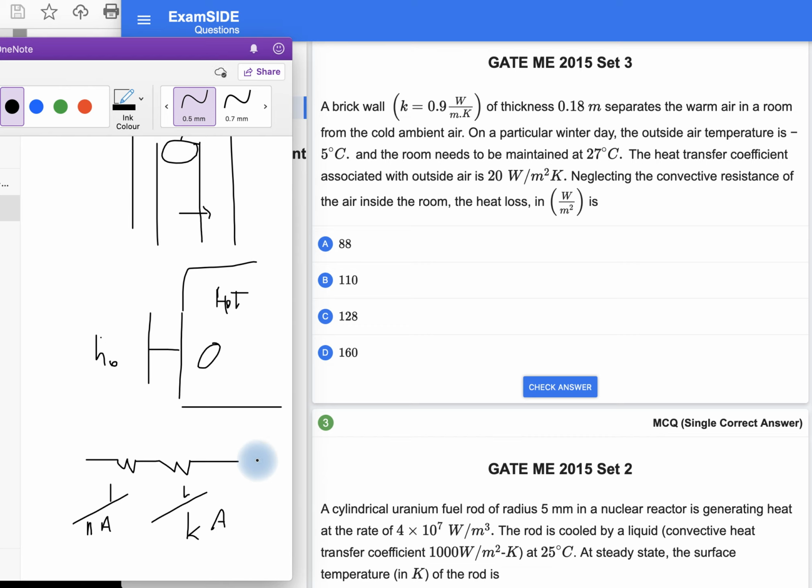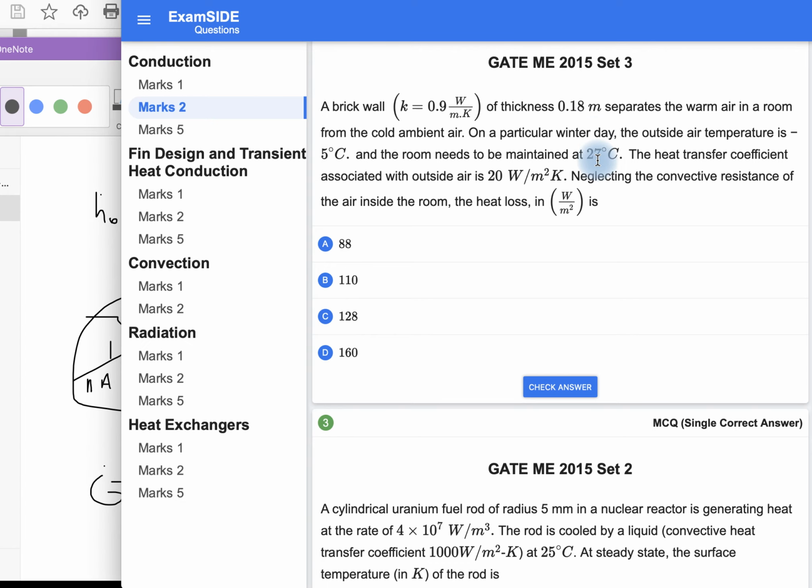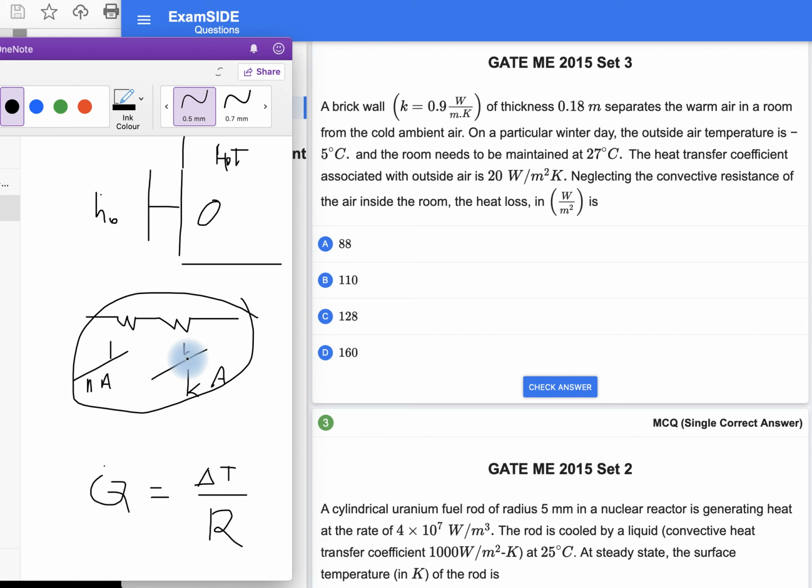So you can find out the total resistance for this condition, and you can use q dot is equal to delta T upon R. So delta T is how much? 27 minus 5, that is 22, and R you can find out through this one. So the correct answer you can find out.